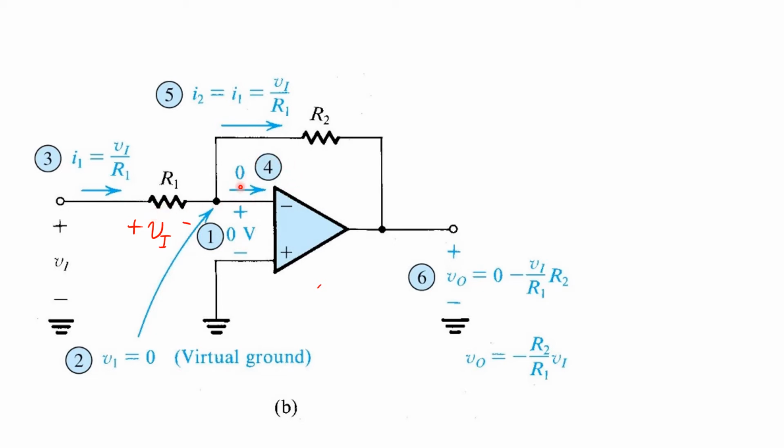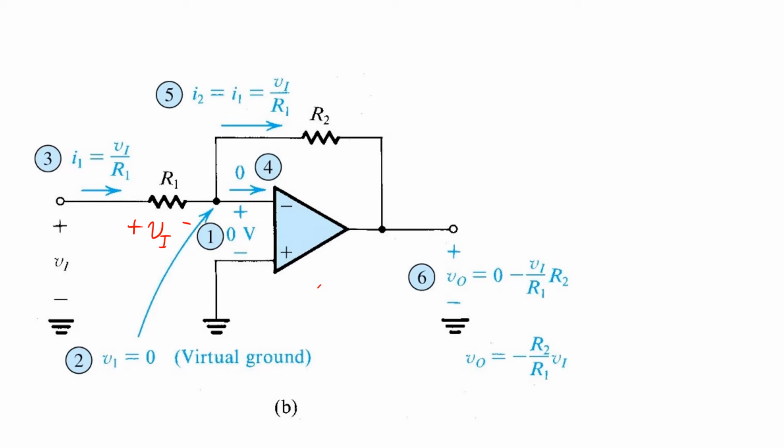Step 4 is to recognize that an ideal op-amp has 0 input current. So therefore, if we write a nodal equation here, the sum of all the currents has to equal 0, so the current flowing out this branch must precisely equal the current flowing in this branch. That is, the current in this branch I2 equals I1, which we already showed as VI over R1.